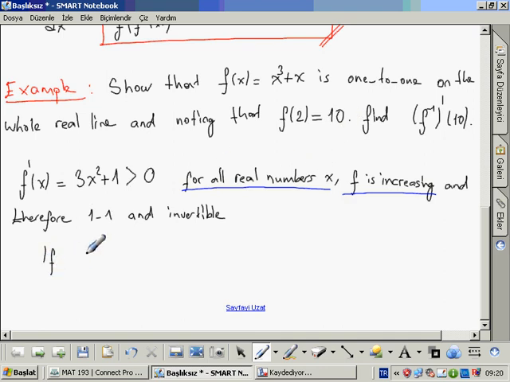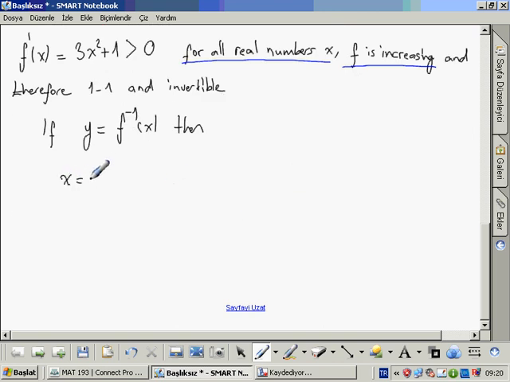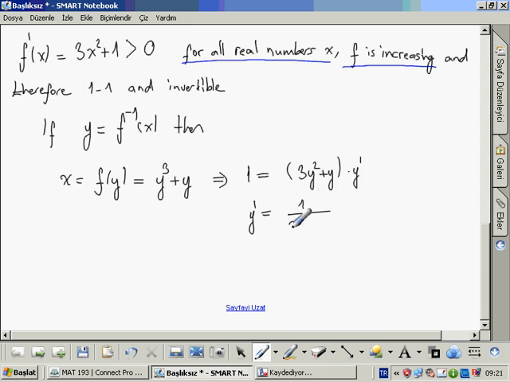If y equals inverse f, then x equals f of y, which is equal to y cubed plus y, so that 1 equals f prime of y, that means 3y squared plus 1, times y prime, and y prime equals 1 over 3y squared plus 1.